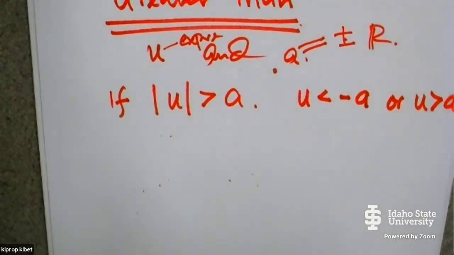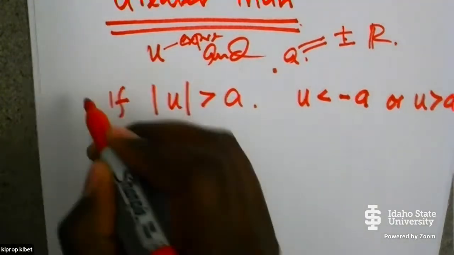If the absolute value of u is greater than a, then u is less than minus a, which is changing the sign, or u is greater than a. So this is "or". If the absolute value is greater than, then we use the "or", so one of the values can satisfy the equation. But if it is less than, then it is "and". This is number one.